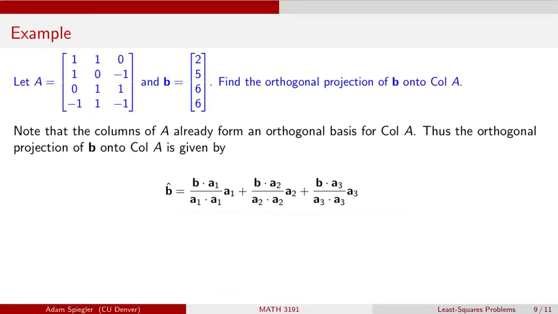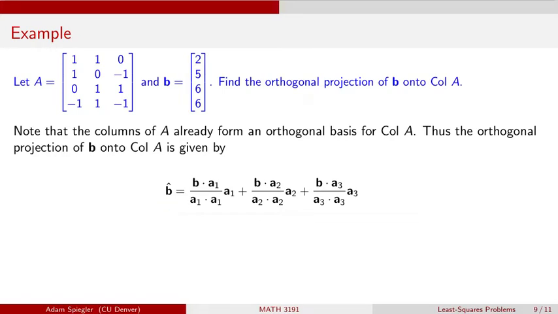And so now that we have an orthogonal basis for the column space, we have a nice formula for finding the orthogonal projection of B onto the subspace, which is the column space of A. So we have a nice formula for finding the weights that we need to take linear combinations of these column vectors, which give us the projection of B into this column space.